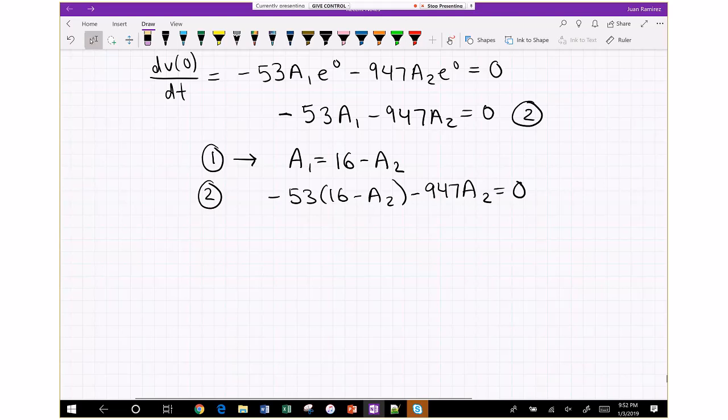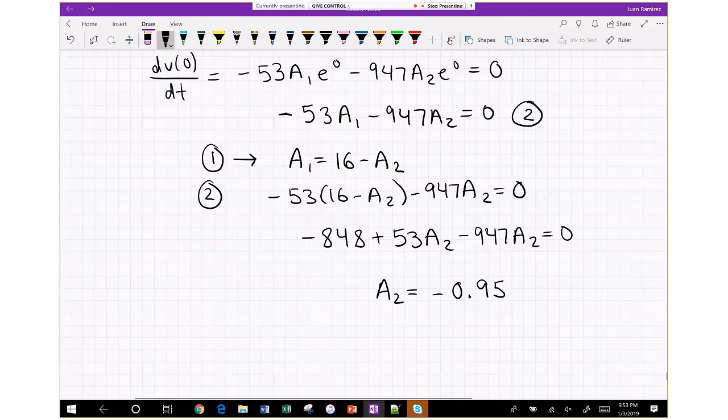I kind of did it beforehand. So here, heck, let's just do it. We're left with A2 equal to negative 0.95.